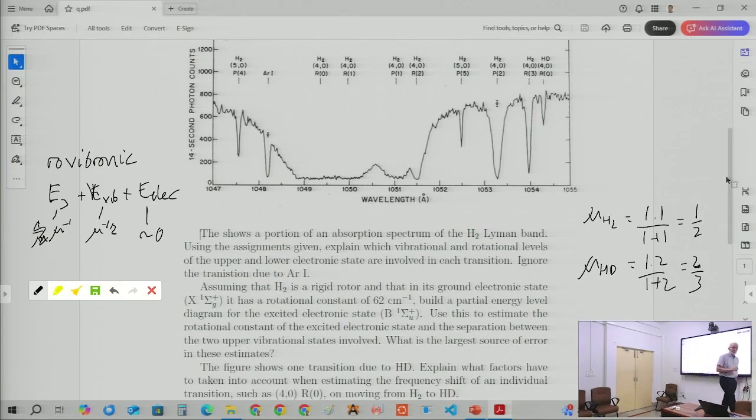You get a big contribution with the rotational change, but it's a small number. You get a reasonable contribution with the vibrational change, an intermediate number. And you only get a very small change for the electronic part, even though that's the biggest number. So those are the three contributions. I think that was the end of the question. I'll just check. Yep, that's the end of the question.